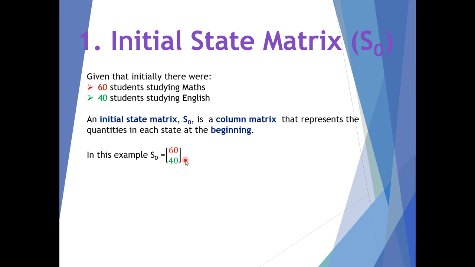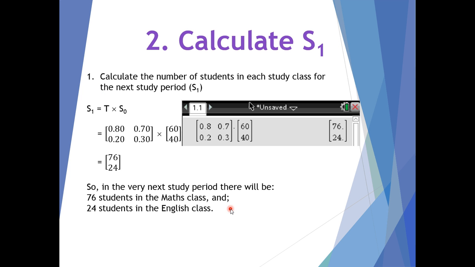They're in the same order vertically within that column as in the transition matrix and the transition table. That is, maths was the top row and English was the second. That order is important. Let's calculate the number of students in each study class for the next study period, one study period down the track.